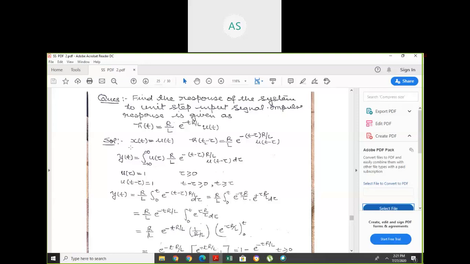Then we multiply these two and integrate from minus infinity to plus infinity.